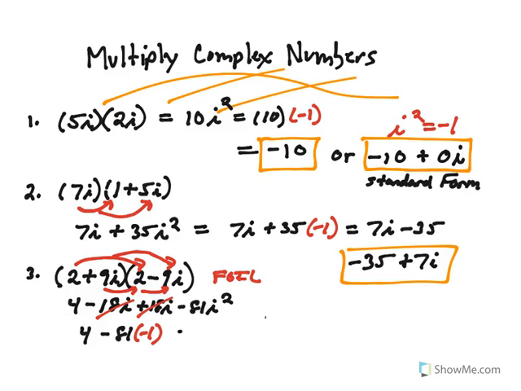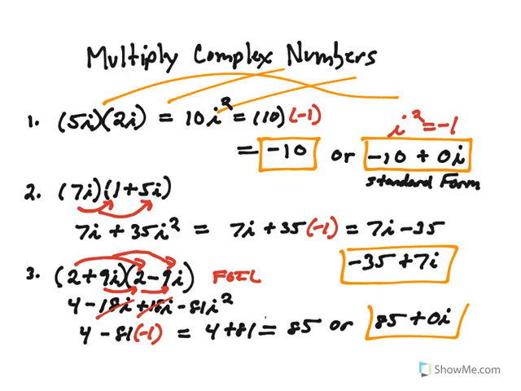And then now that just becomes 4 plus 81, which is going to give me 85. Or we can write it as 85 plus 0i. And that's your solution for that. Okay?